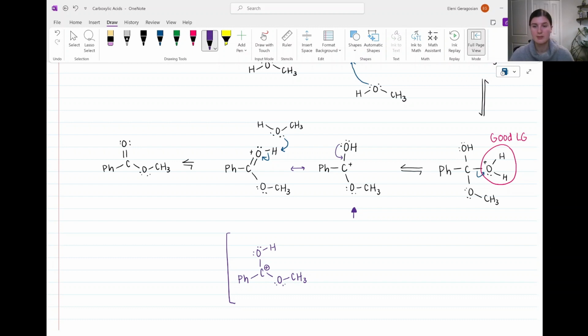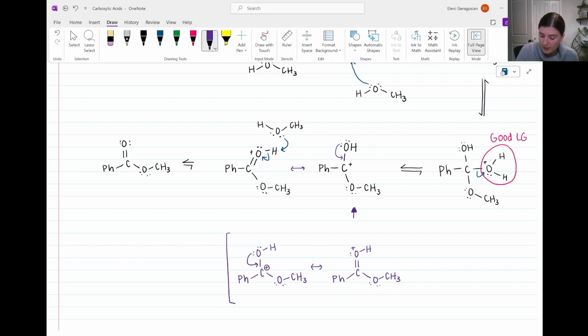But there are two places where that carbon can accept electrons. And the first one we've already shown in the mechanism as that resonance structure above, where the OH group oxygen provides electrons. So now we have all closed shell atoms. The positive charge is owned by the oxygen, but still an important and valid resonance structure.